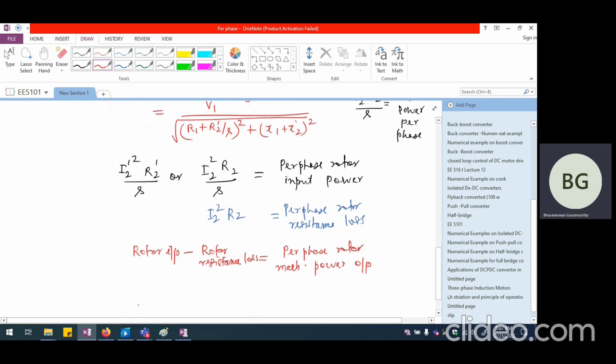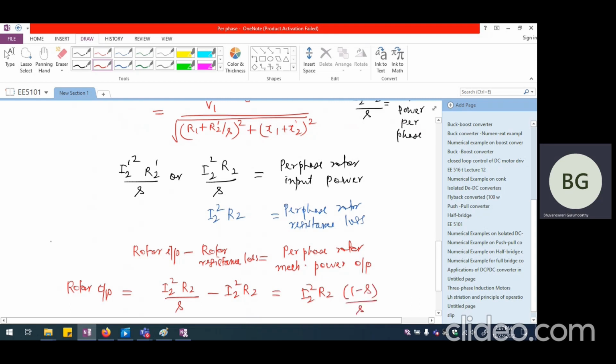So that is going to be I2 square R2 divided by S minus I2 square R2. So that will be I2 square R2 multiplied by 1 minus S by S.